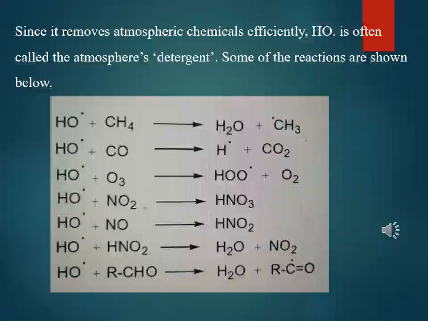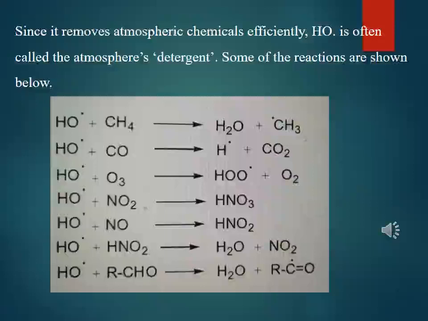Hydroxyl radical reacts with ozone to form perhydroxyl radical and oxygen molecule. Hydroxyl radical reacts with nitrogen dioxide to form nitric acid. Hydroxyl radical reacts with nitric oxide, or NO, to form nitrous acid, HNO2. Hydroxyl radical then reacts with this nitrous acid to form water and NO2, nitrogen dioxide.